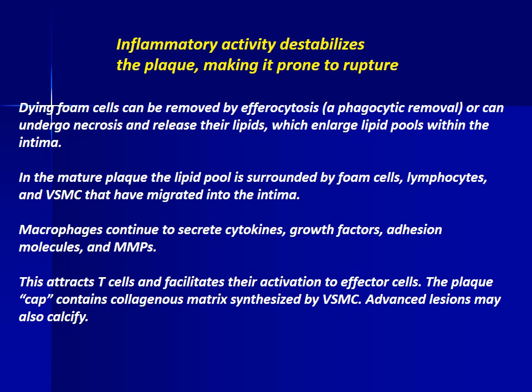Macrophages continue to secrete cytokines, growth factors, adhesion molecules, and matrix metalloproteinases. These attract T cells and facilitate their activation to effector cells. The plaque cap contains collagenous matrix synthesized by vascular smooth muscle cells. Advanced lesions may also calcify.